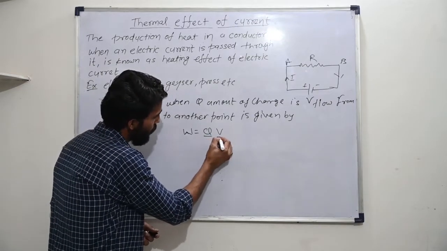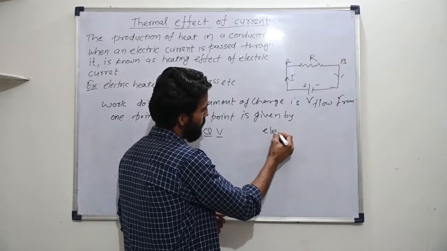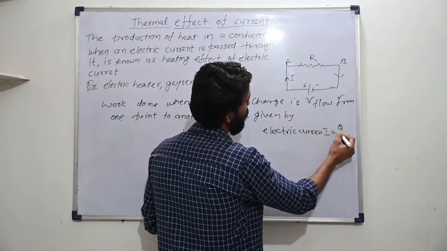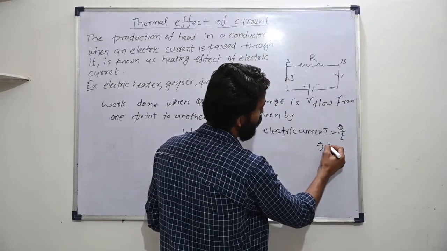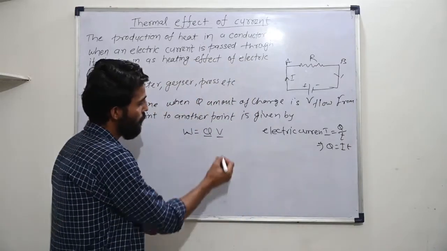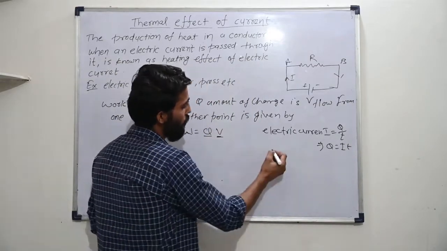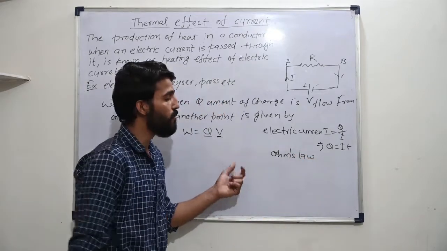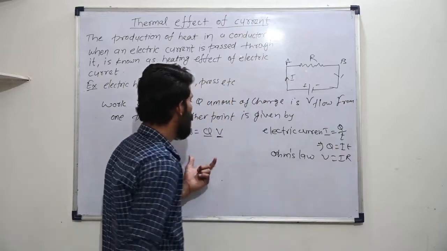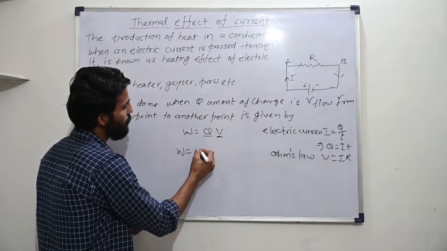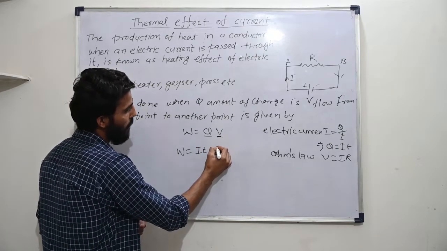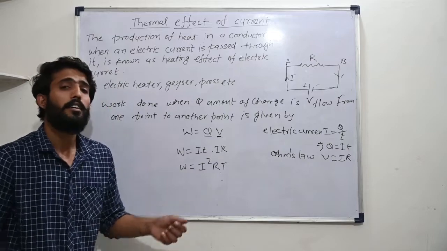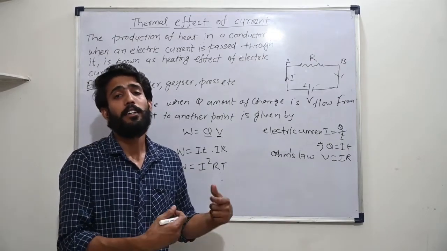So here we have Q and V. We know that electric current I is equal to Q upon T, that means Q is equal to I T. Again, by Ohm's law, we can write V is equal to I R. So the work done becomes W equals I T multiplied by I R, that is W equals I square R T. This work done is dissipated as heat.